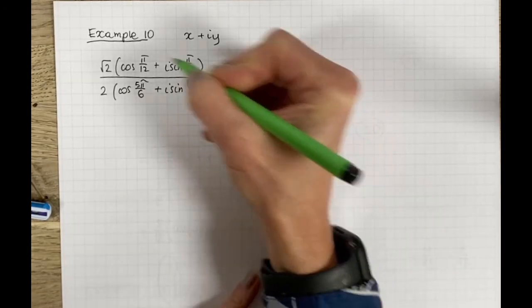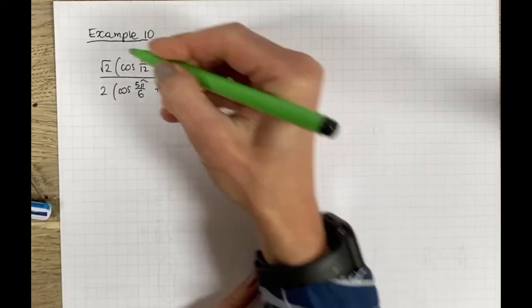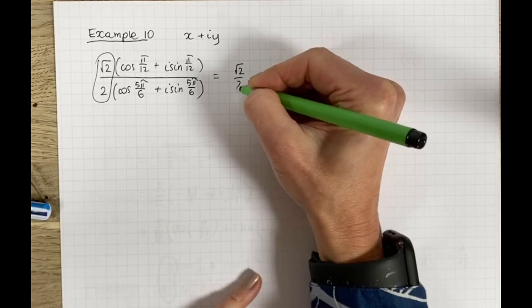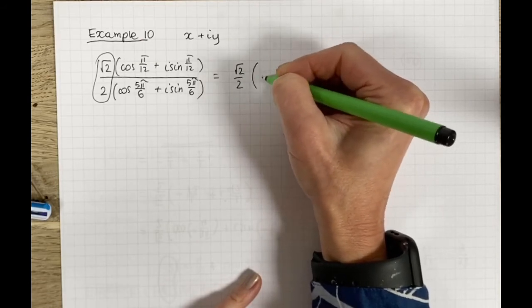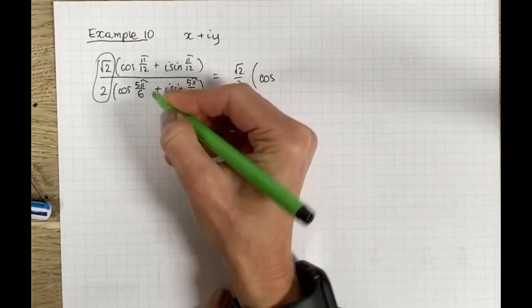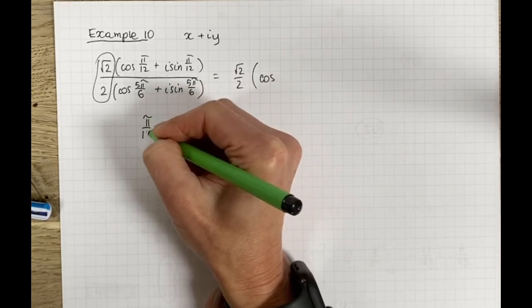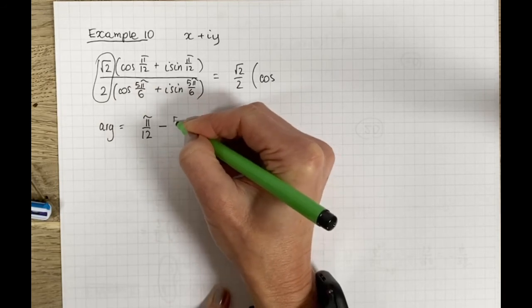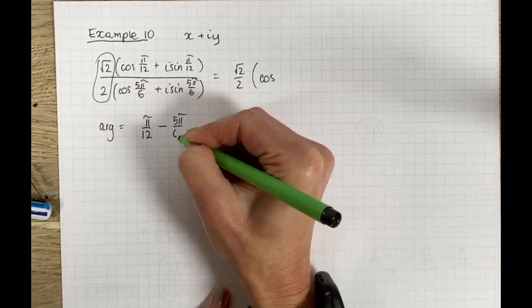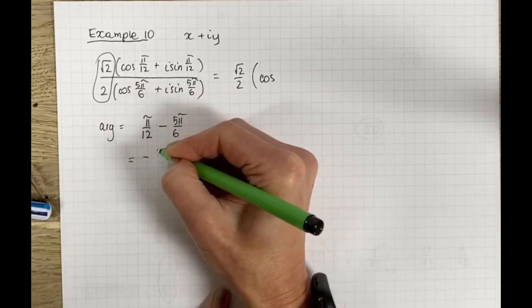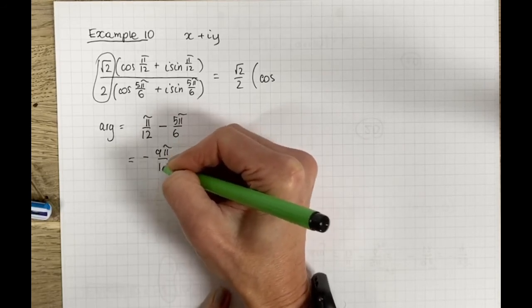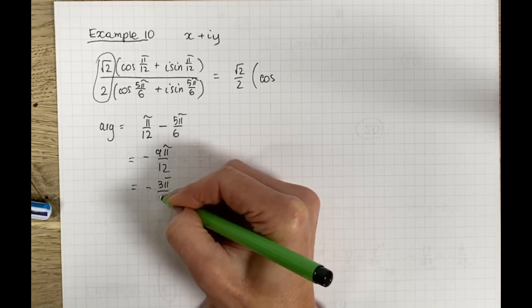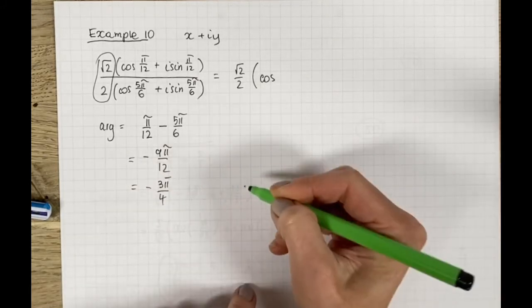So the modulus you obtain by dividing these numbers, so it's root 2 over 2, and then you've got to find the argument. So the argument is pi over 12 minus 5 pi over 6, which is minus 9 pi over 12, which is minus 3 pi over 4, so minus 135 degrees.